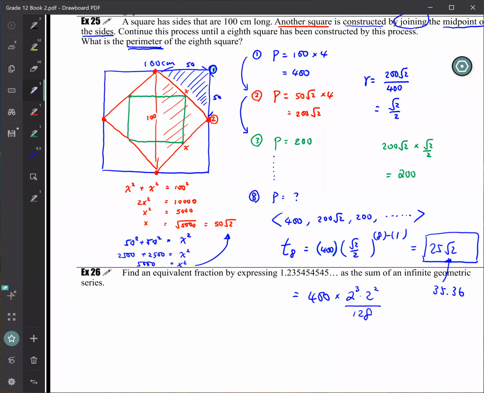Okay. Where's the root? Oh, for 2 squared. Oh, you say you put 2 root? Square root. Square root 2. Okay.